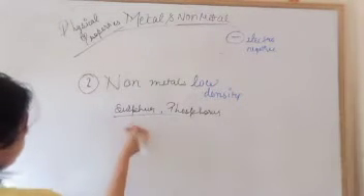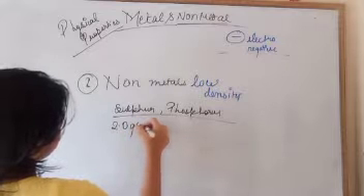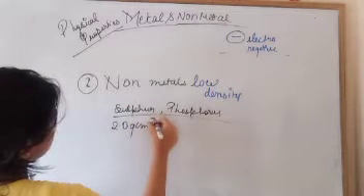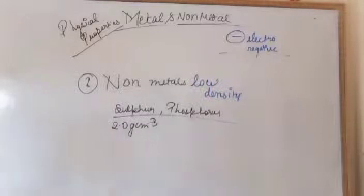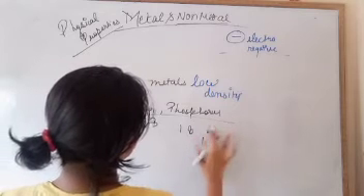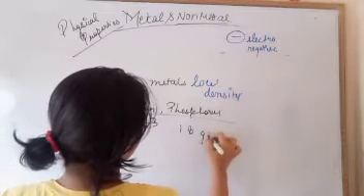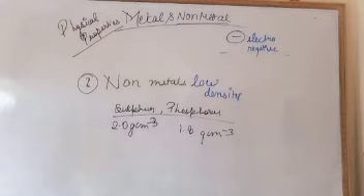Sulfur has around 2 gram per cubic centimeter, and phosphorus has 1.8, right? Which is very low. Sulfur and phosphorus have very low densities.